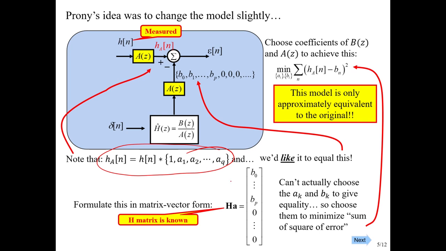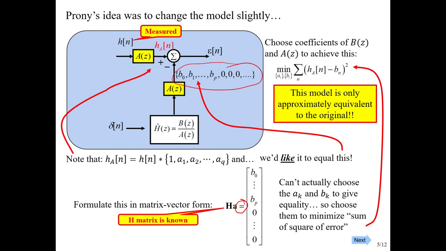So I'm going to take some matrix H, which will hold the values of this. And I'm going to put these things into a vector, and the values in this resulting vector will be those values, and I'm going to at least set them in principle equal to the things that I'd like them to be.